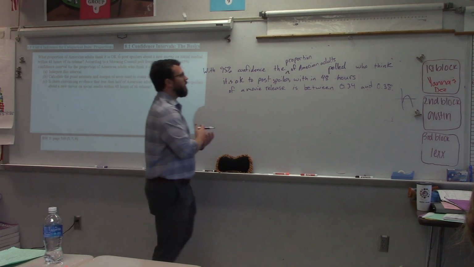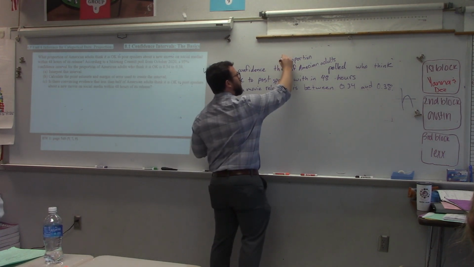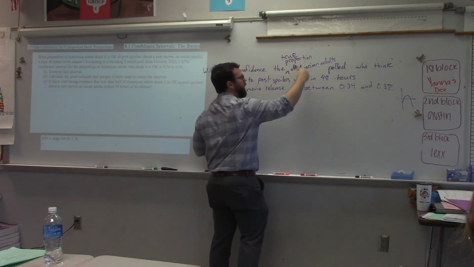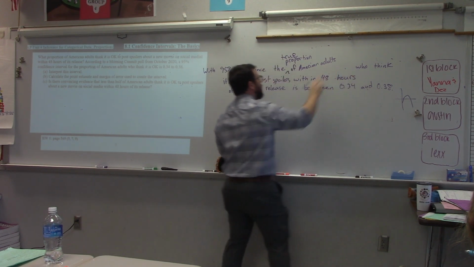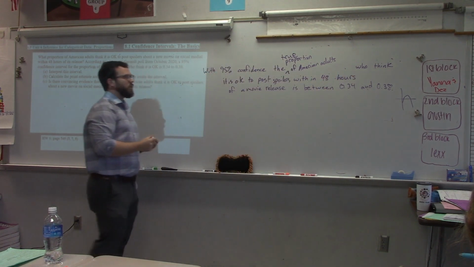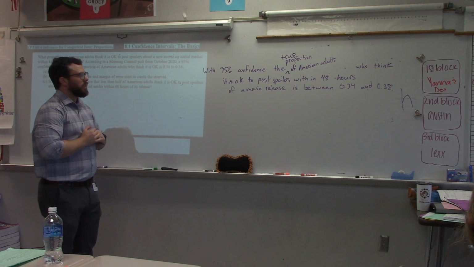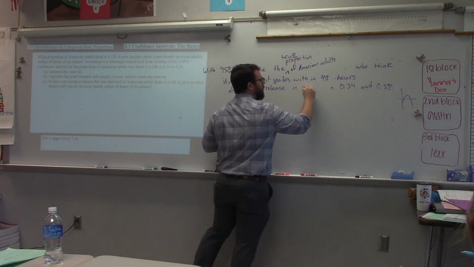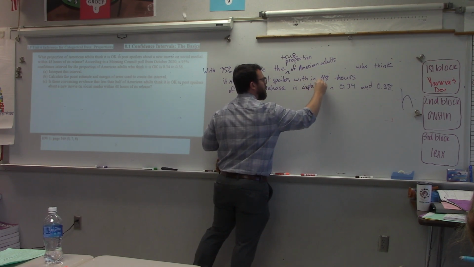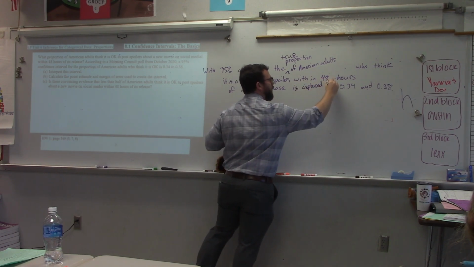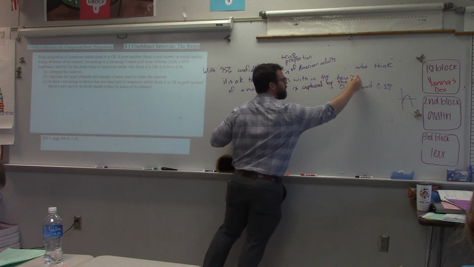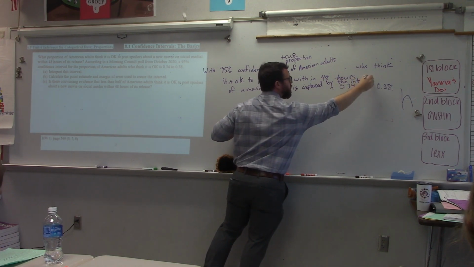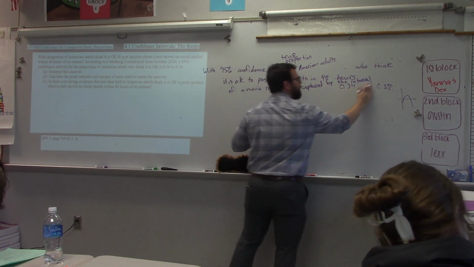With 95% confidence, the true proportion of American adults who think it is okay to post spoilers within 48 hours of a movie release is, I say between, or is captured by is better, by the interval 0.34 to 0.38.